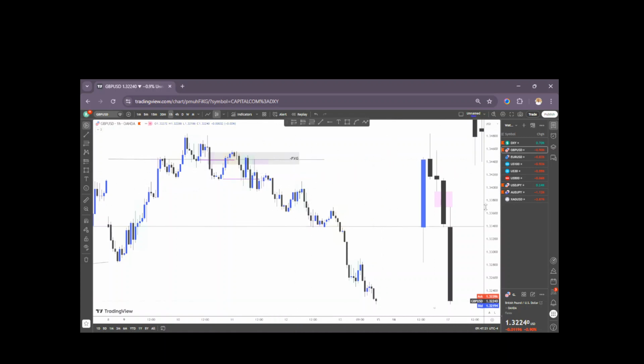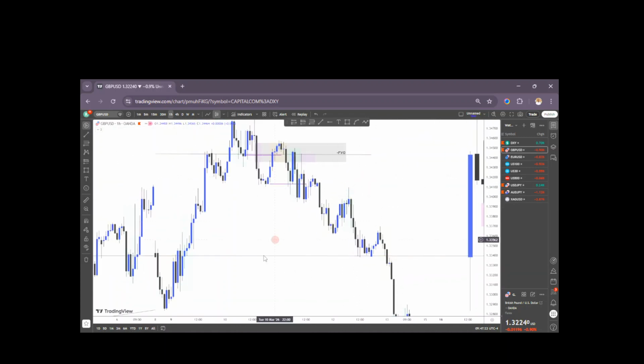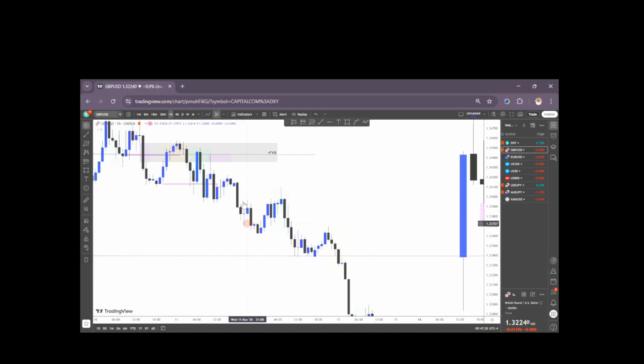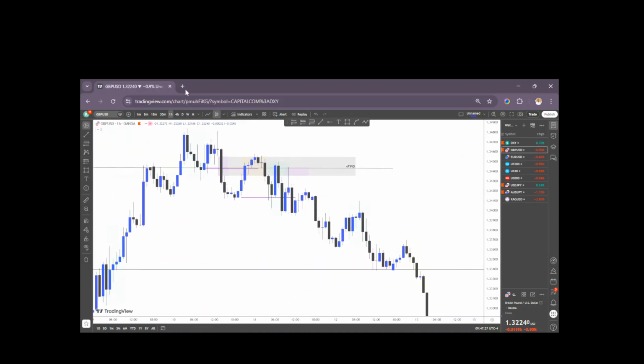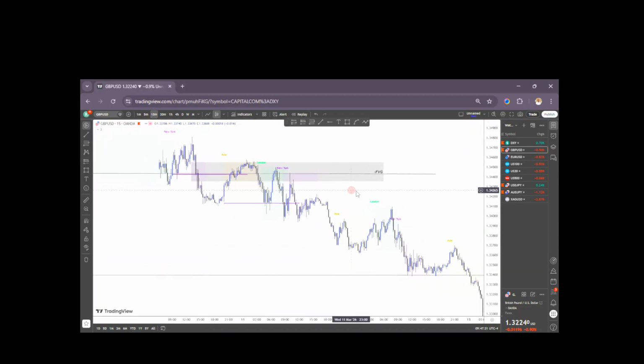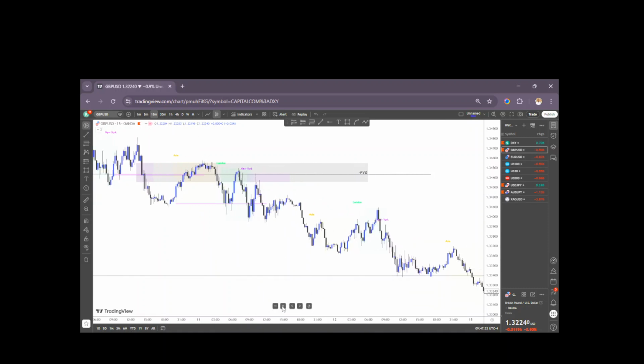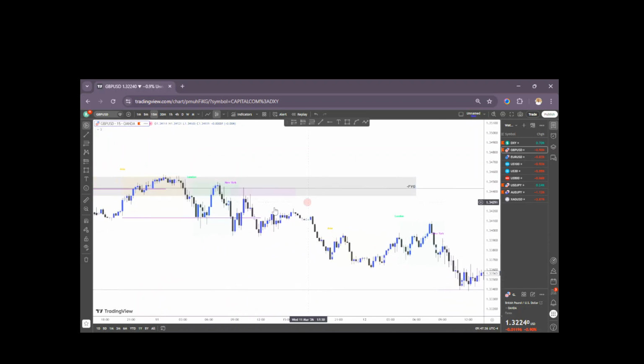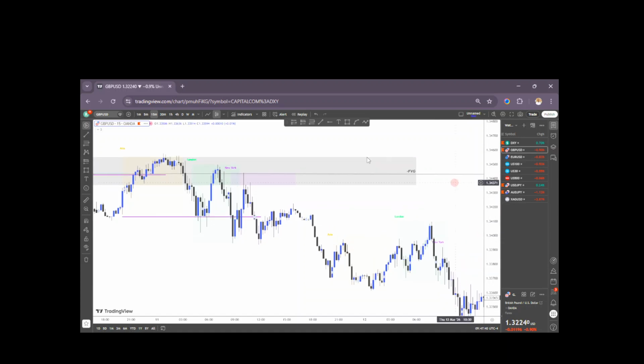And this one would have been confusing. But if you went down to 5 minutes, I think there was a clean trade, I think it's a 15-minute, because you had a fair value gap somewhere that was being respected.